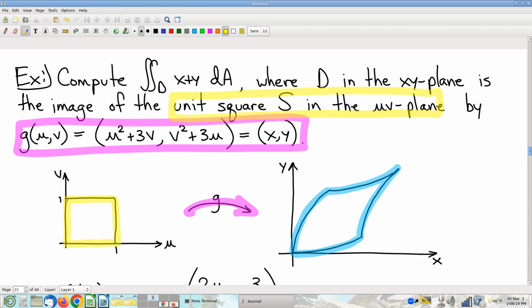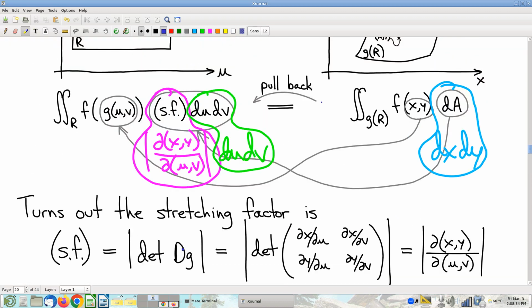All right, so again, how does change of variables work? Change of variables is a pullback. We're going to take what we have over here on the right-hand side, and we're going to rewrite all of my x's and y's in terms of u's and v's. I have my formula right over here to work off of. Everywhere I see x and y, I'm just going to plug in and rewrite it in terms of u's and v's using the given formulas.